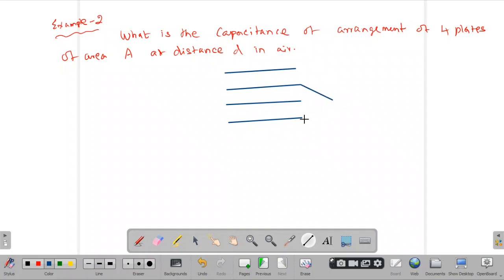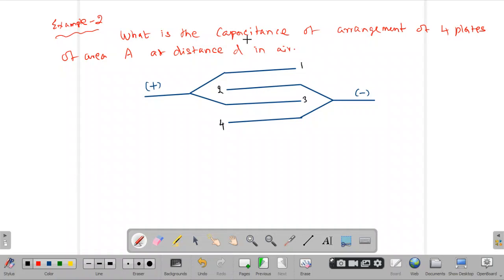These two are connected together. The other two are connected together. Okay. This is the positive terminal. This is connected to the negative terminal. The plates are numbered 1, 2, 3, 4.